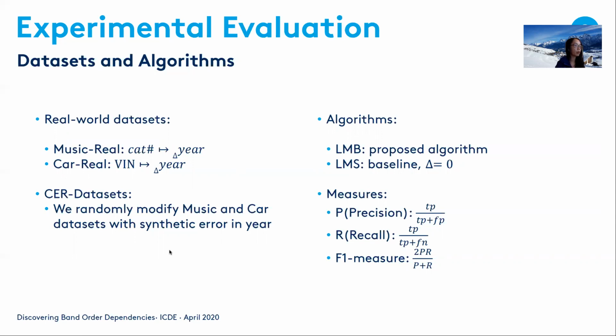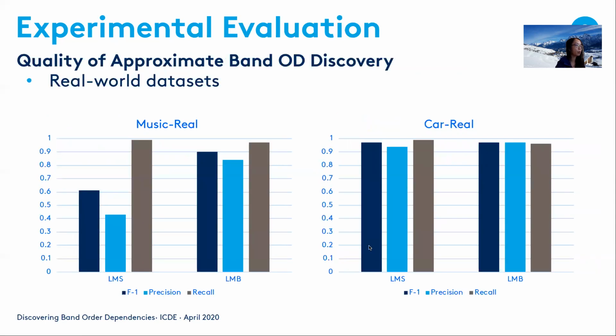We measure the result by precision, recall, and F measure. Our proposed approach dominates the baseline over real-world datasets. It dramatically improves precision as we are very tolerant of small violations to the traditional order dependency.